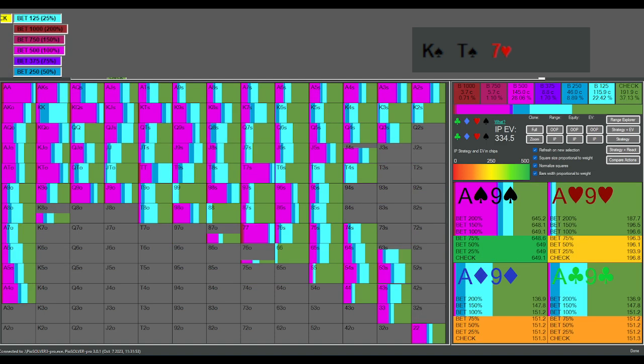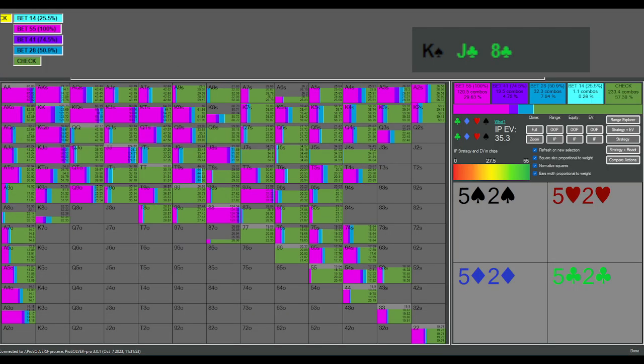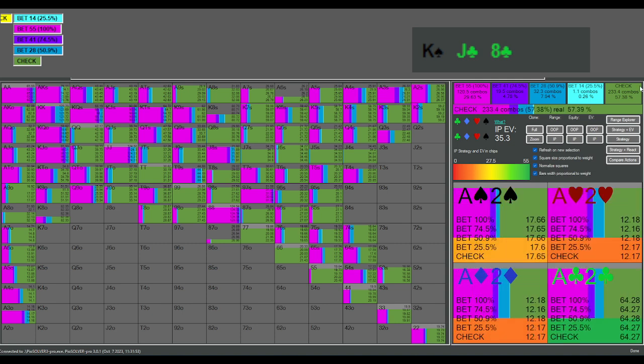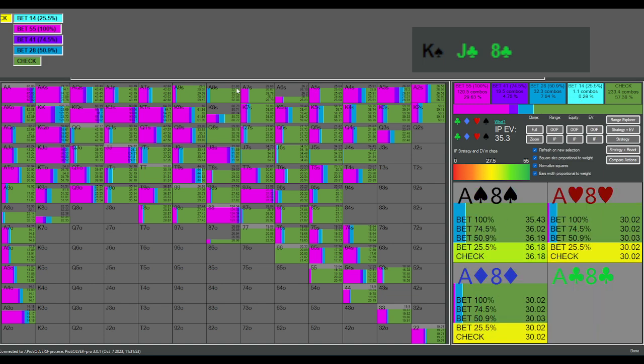So what you'll see is, if you looked at this board at like 200 NL rake or 500 NL rake, well, here I have a similar board pulled up, but this is, just as an example, King Jack 8 two-tone at 500 NL rake, and you'll see this small size just really dips out.